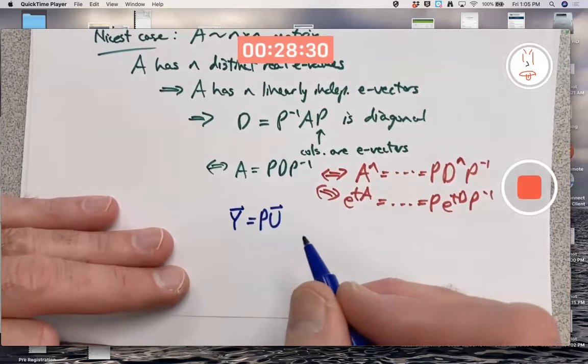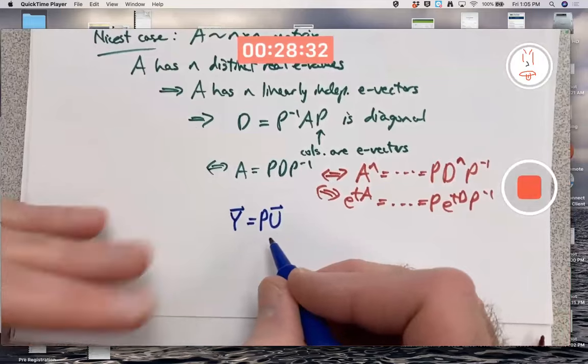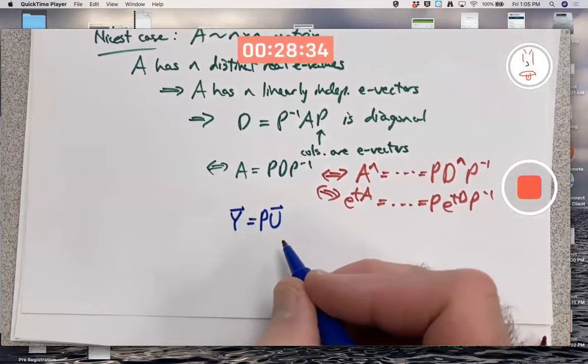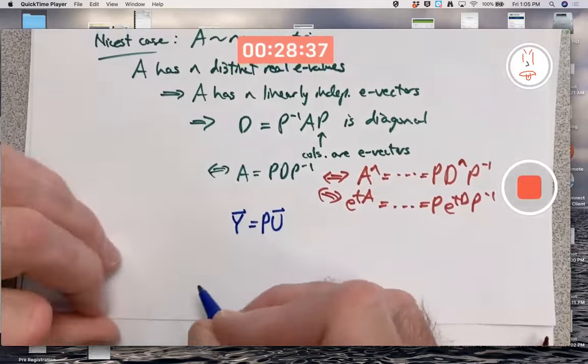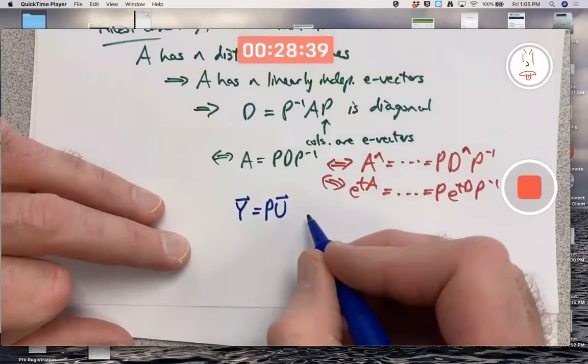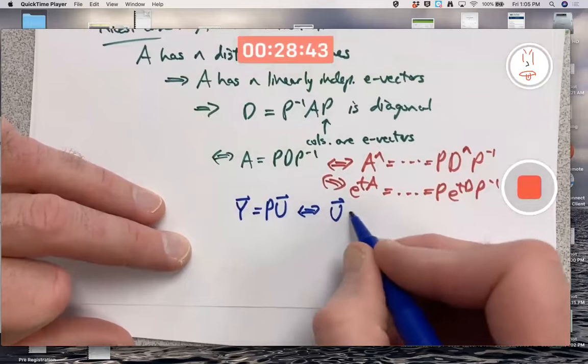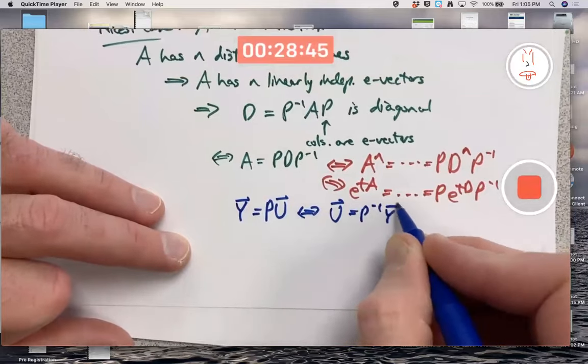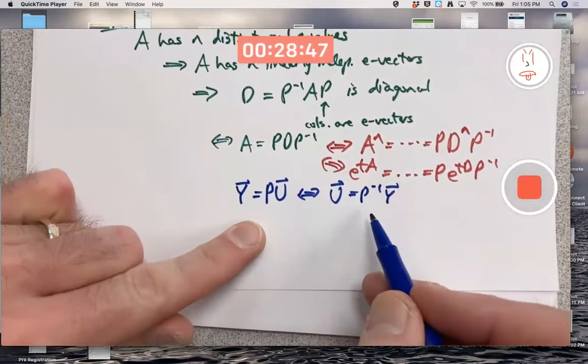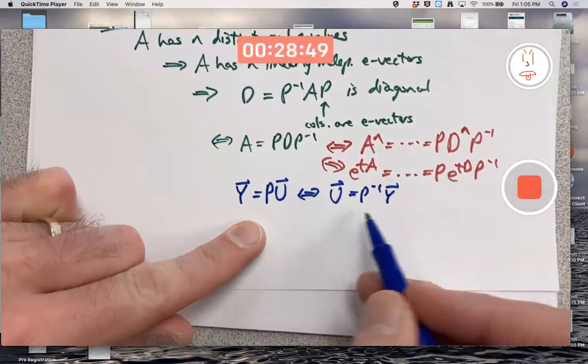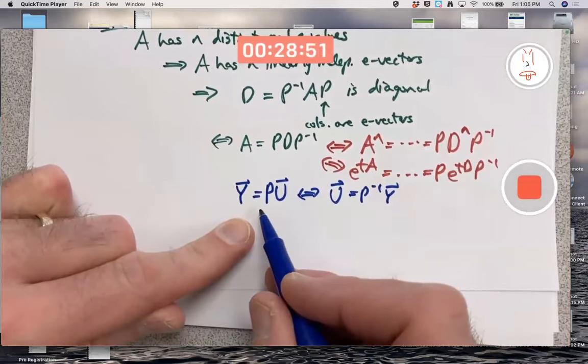And I remember it that way because it's y equals Pu, not u equals Py, which is equivalent to saying u equals P inverse times y. You can get from here to there by multiplying both sides of this equation on the left by P inverse.